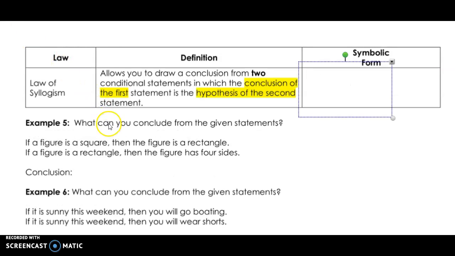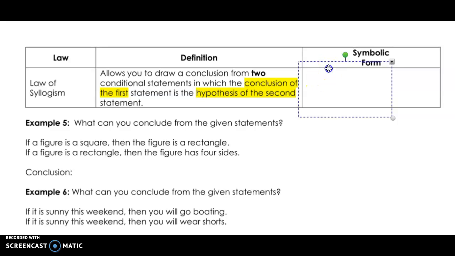And then we have a third and final type of deductive reasoning, and that's called the law of syllogism, which allows you to draw a conclusion from two conditional statements in which the conclusion of the first statement is the hypothesis of the second statement. If you remember back to our symbolic form notes, we said that logical statements could be represented using the letters P and Q, but we also had R and so on.